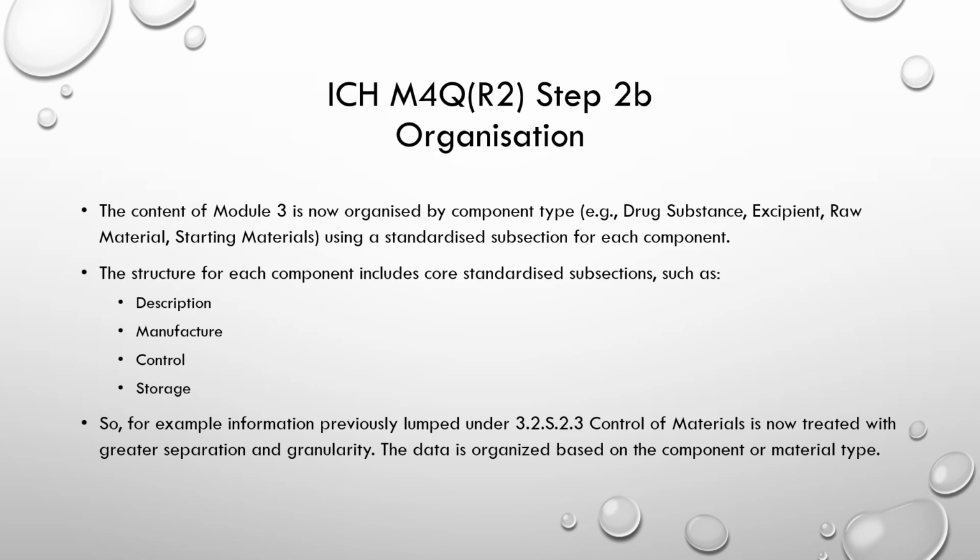So previously, certain information on your starting material, which is required for ATMP, for example, manufacture, not just listing your starting material, providing your manufacture, providing your quality controls for your starting material, the stability of your starting material, all of that just used to be lumped in your control of materials. It's now treated with separation and granularity so that it's clear, it's organized in a way that makes it easy to review and easy to author and write.